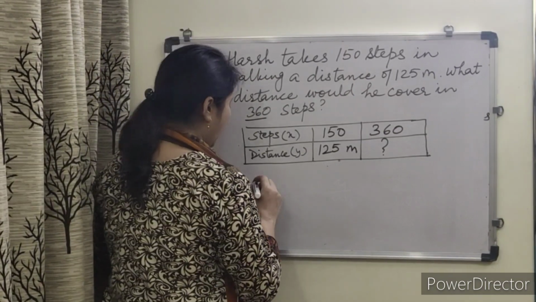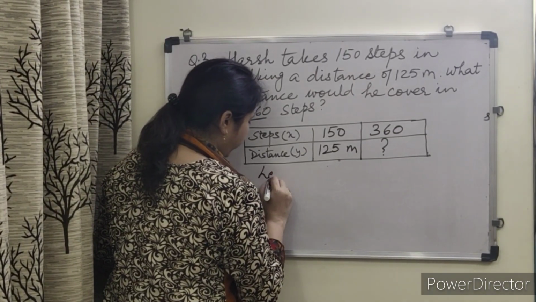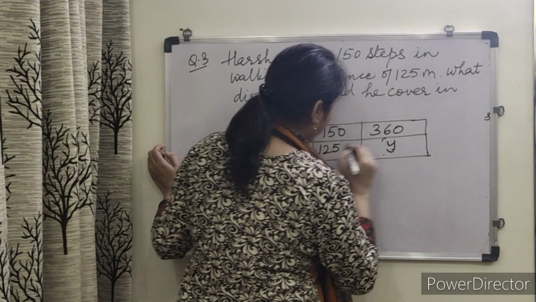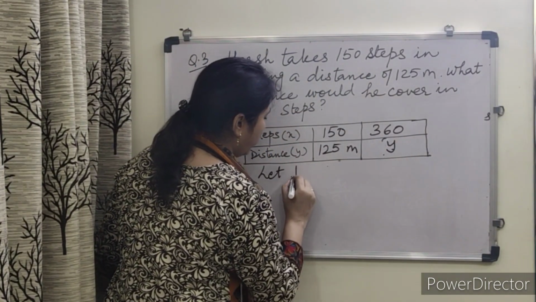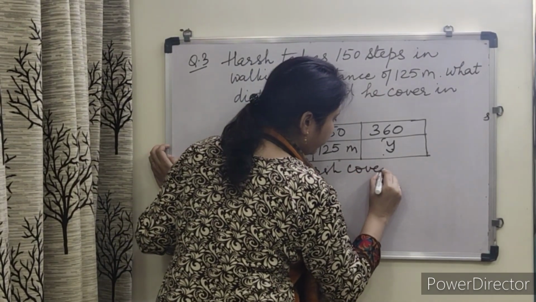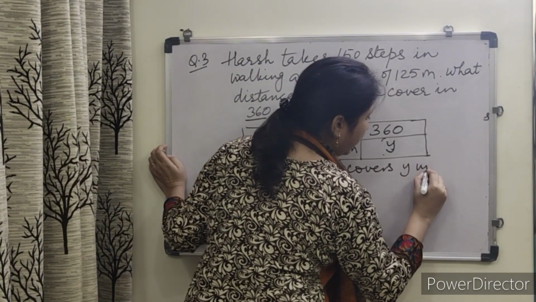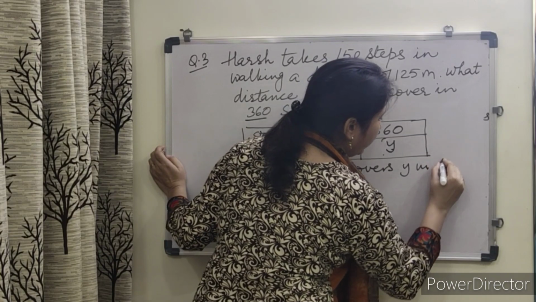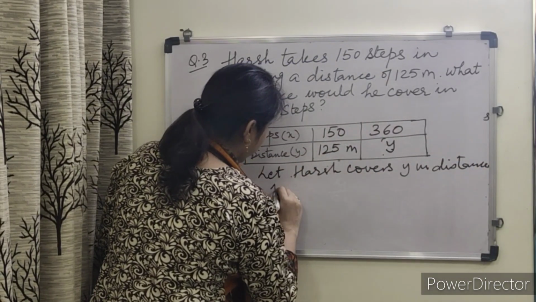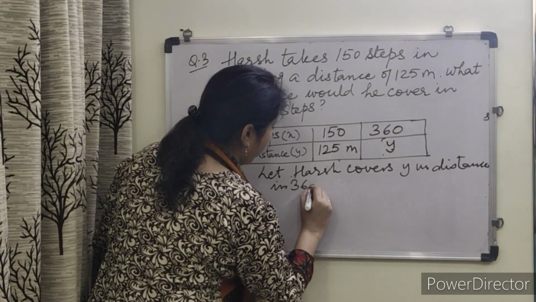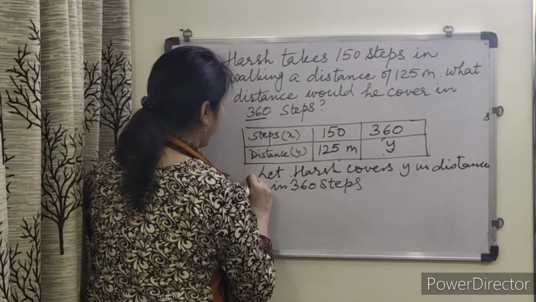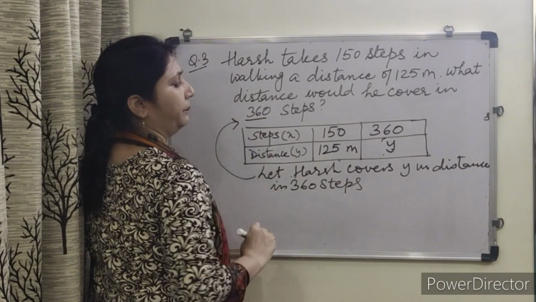So let Harsh cover y meters distance in 360 steps. And you can write this statement here also.